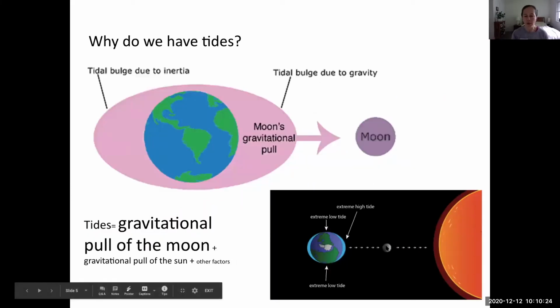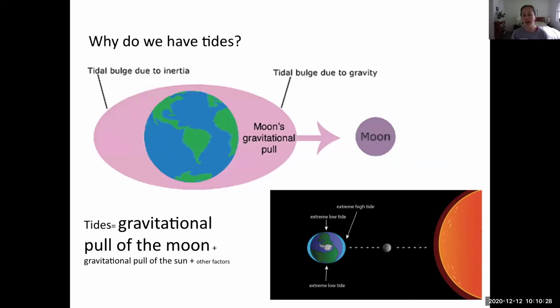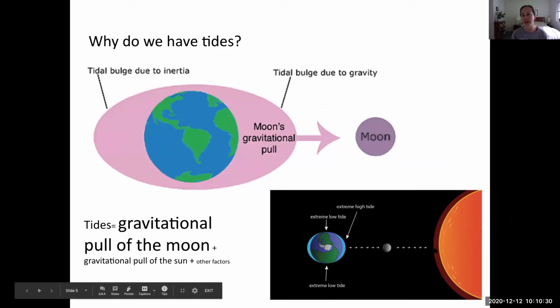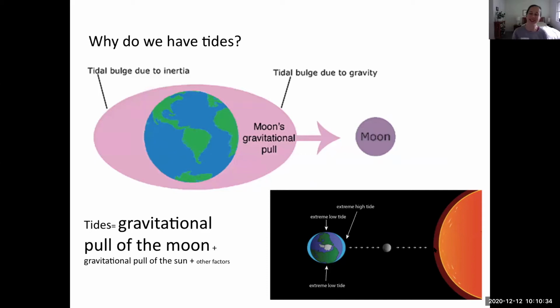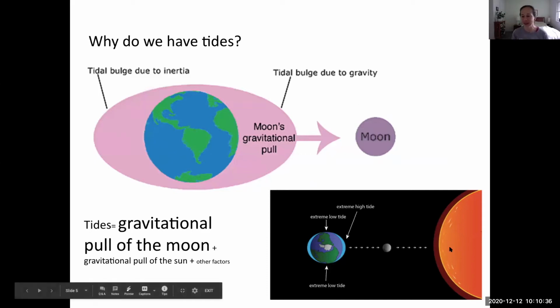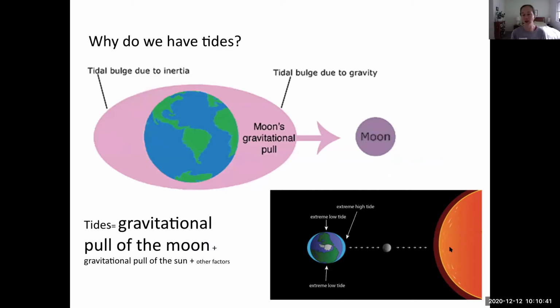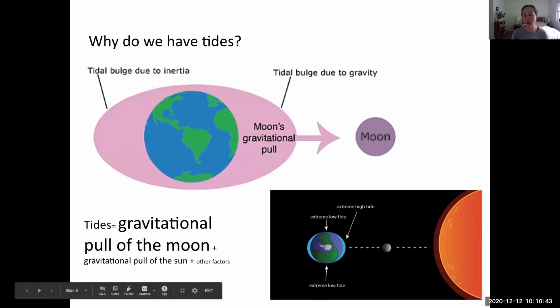When the moon and the sun are in direct alignment, they're pulling in the same direction. We're flashing back to vector diagrams in high school physics: when the vectors are moving the same way, they're additive. So the gravity's pulling extra hard, and we get what are called spring tides when the moon and the sun are in alignment.